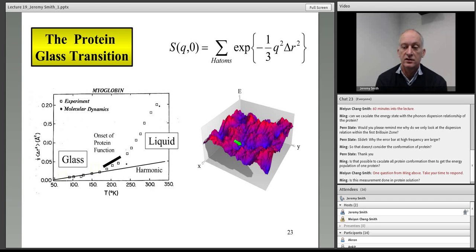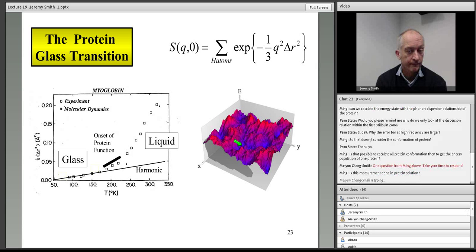And the answer is sometimes it's done in solution, but then you have to be aware of the scattering from the solvent and the overall rotational and translational motion of the protein molecule. The protein global motion, the whole molecule translation and rotation, are on similar timescales to the conformational transitions. Distinguishing between them using neutron scattering is important.